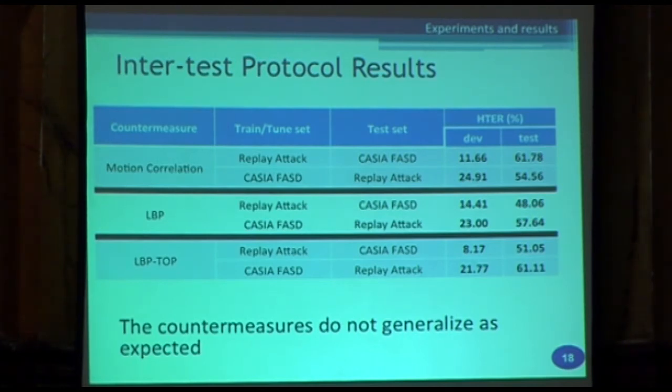Why? The databases have some differences. They have different kinds of attacks and different ways to perform an attack. It seems the countermeasures are not robust enough to be applied in a real-world scenario, so we need something more robust. There is a lot of bias here: the countermeasures are biased to the databases.